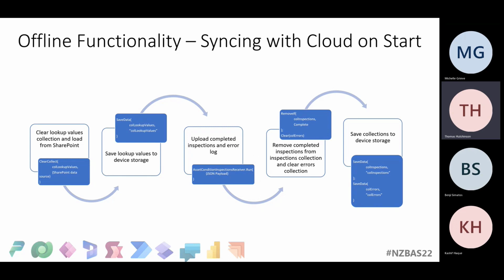Just clear the collection of lookup values if you're connected. It brings in the SharePoint data, and then saves those straight away. If any are completed, it'll try and upload them. That's just calling a flow. The reason I did that was so it was just one call. You're not having to patch. I think we've got about 20 SharePoint lists, so you don't want to be trying to patch those and have one fail, and then it'd be a nightmare.